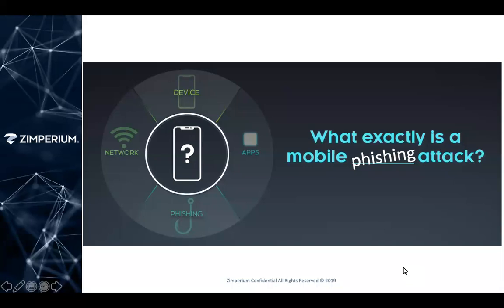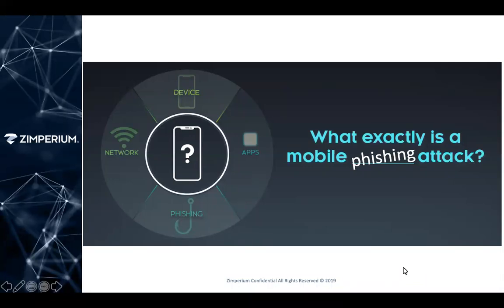Today is what exactly is mobile phishing. Last week, you can go back and check our site, we made our announcement where we train our machine learning engine up in the cloud for months and months until it's very effective. Then we do all of our detection on device. We're going to talk about that.